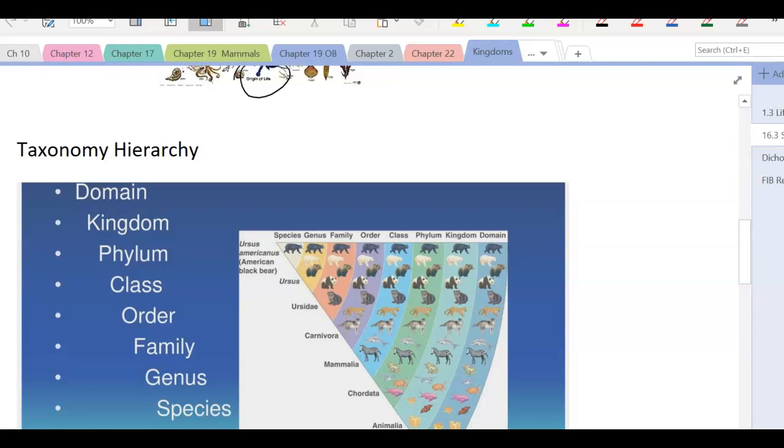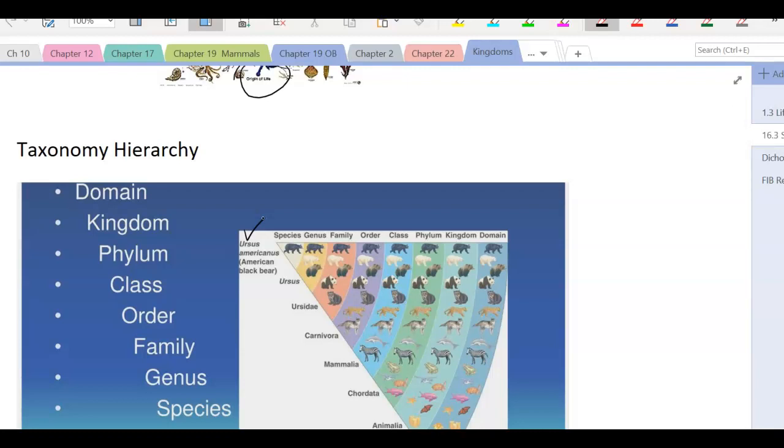And so a group of scientists came together, led by a particular individual, I'll get to that in a second, to come up with a way of naming organisms scientifically. And so you can have a common name like American black bear, but then also to understand and give it its scientific name using a Latin root. And so that is what taxonomy is.